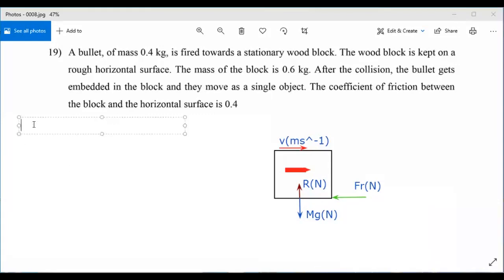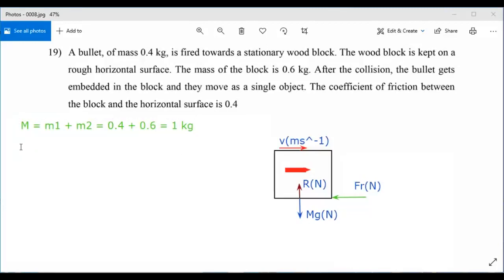We need not write the reasons. And here what the capital M means is M1 plus M2. That is M1 is 0.4, M2 is 0.6. So it means just 1 kilogram. Right? So please write that capital M is 1 kilogram.